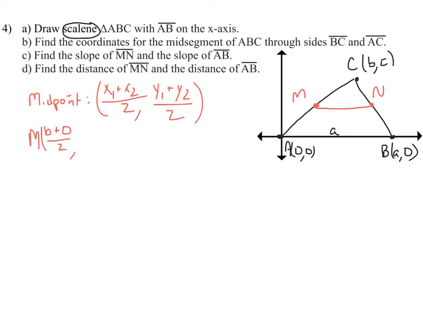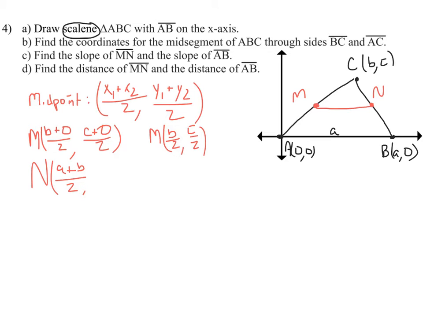So the coordinates for M, well, we'll add 0 and b together, b plus 0, and then divide by 2. Then we'll add our y's together, c plus 0, divided by 2. So M is at (b over 2, c over 2). b plus 0 is just b, c plus 0 is just c. Let's find N. For N, we add our x's together. a and b, our x's, added together, divided by 2.